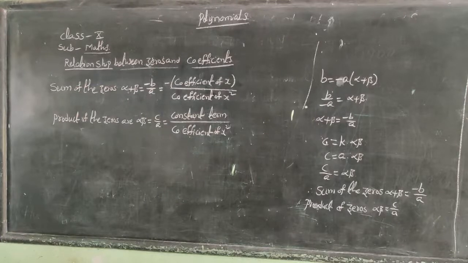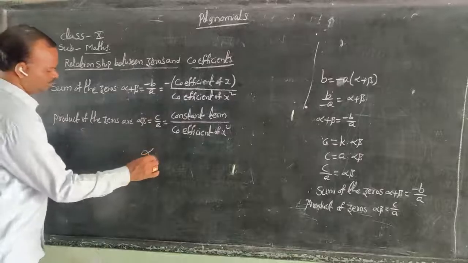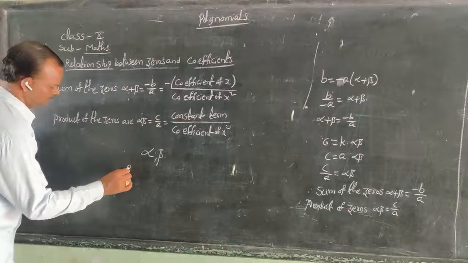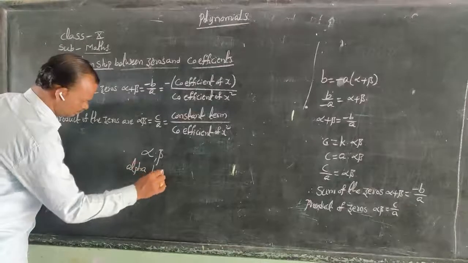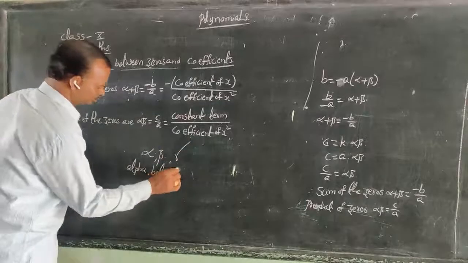Here alpha comma beta are Greek letters. This is the alpha and this is the beta, and the gamma.